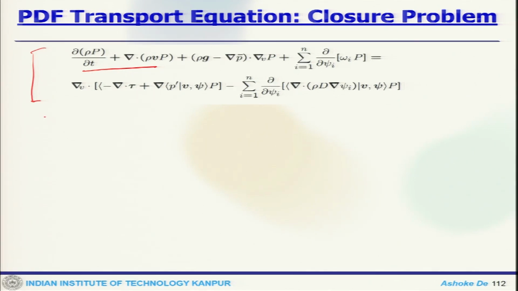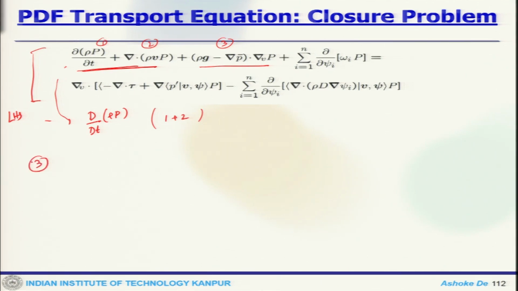That means these will lead to the material derivative of rho p. Then the third term on the left hand side, this is 1 plus 2.